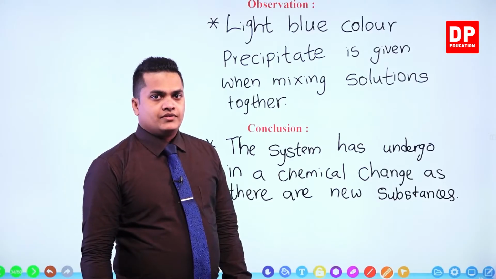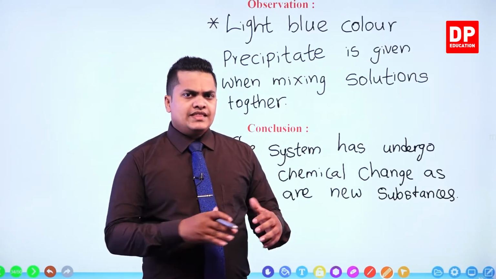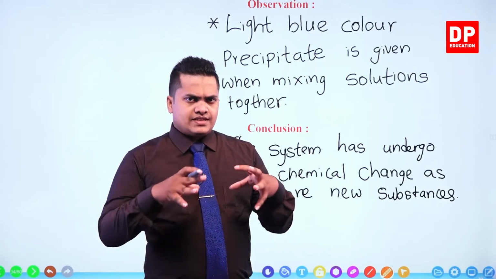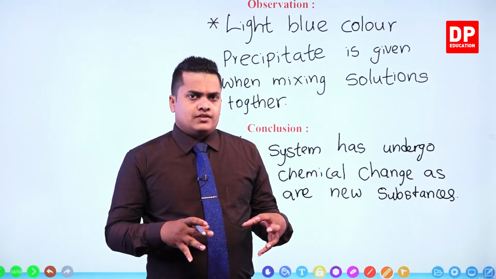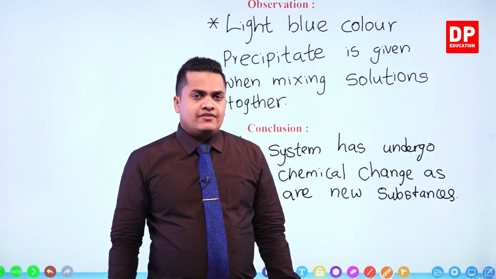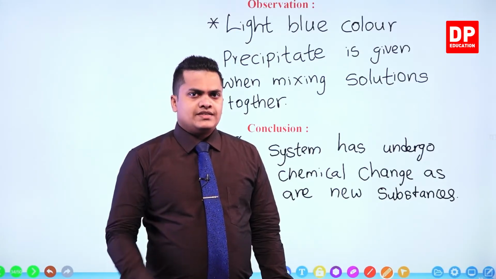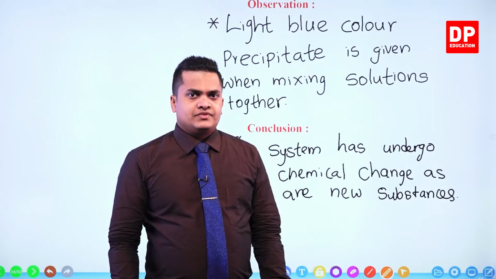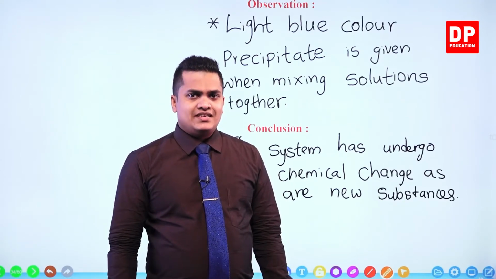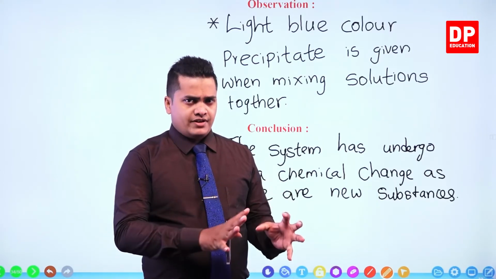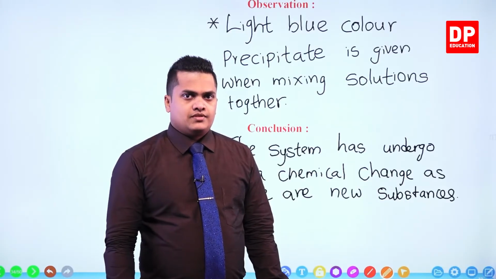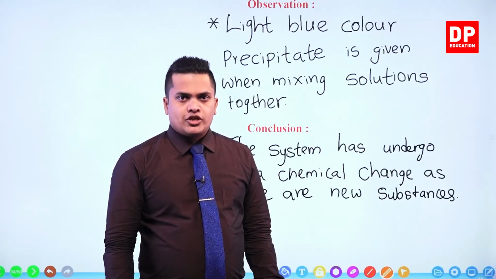Right, my dear children. So in these three activities, we discussed several observations that we can observe during a chemical change. Let's carry out another activity, another experiment, and see whether there are any different observations during a chemical change.